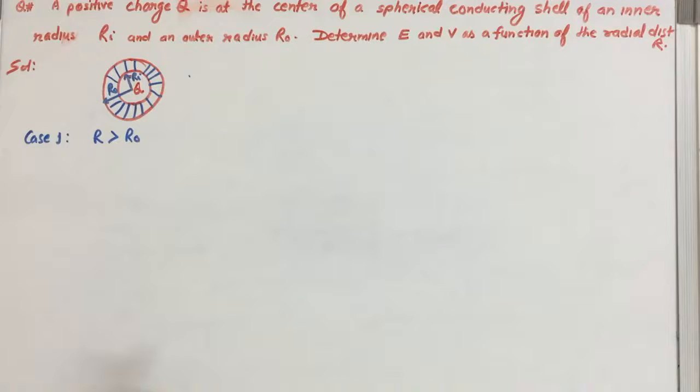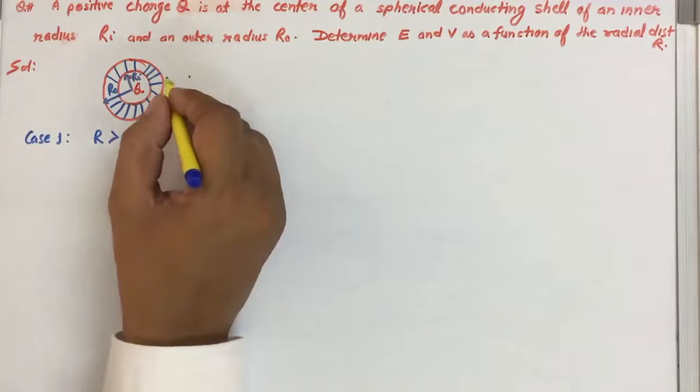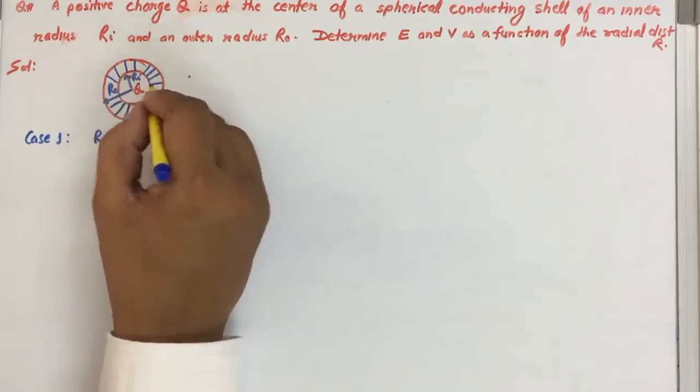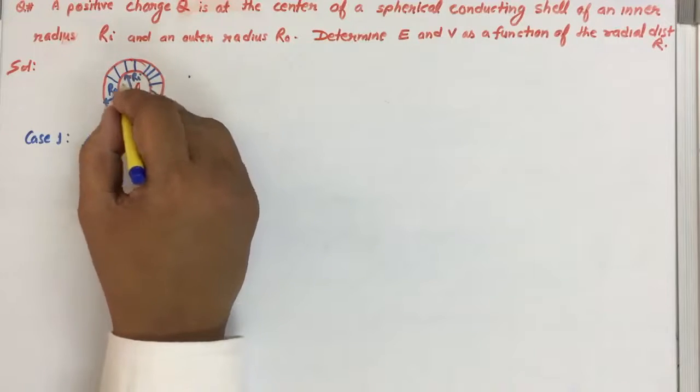So in this case, we have to assume the point of interest, that is the radius value, at a point outside of the shell, within this shell, and inside the inner shell.